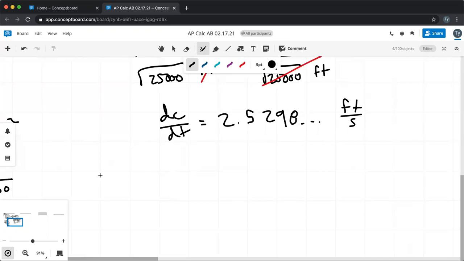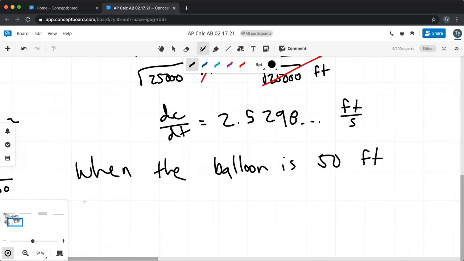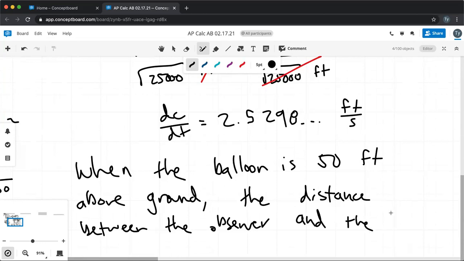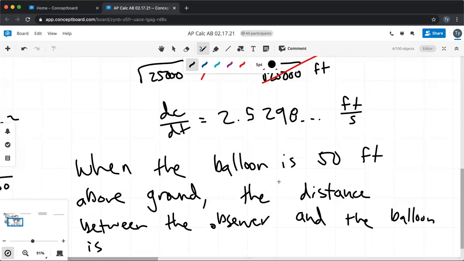So the way we could do this is saying when the balloon is 50 feet above ground, the distance between the observer and the balloon is, okay, increasing or decreasing?